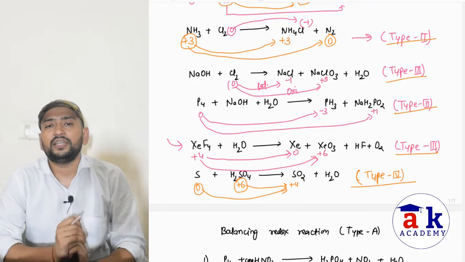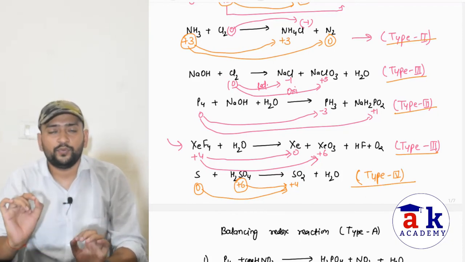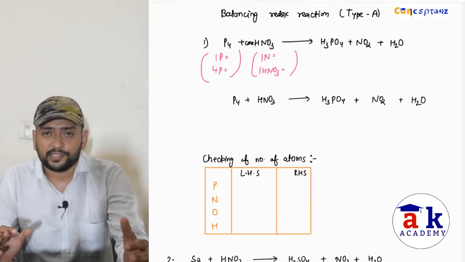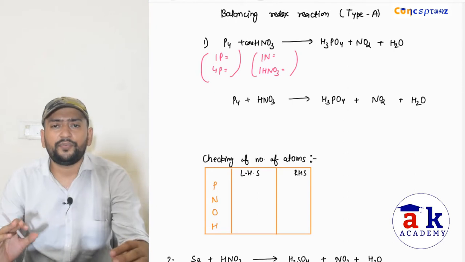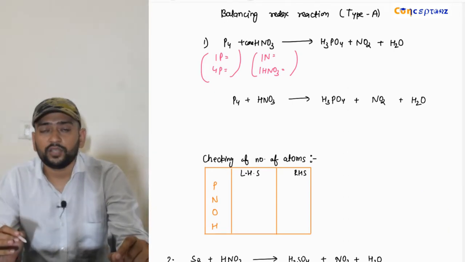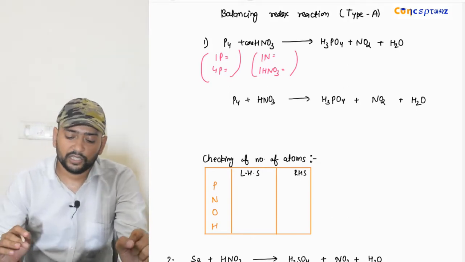First of all, let's try to understand how to balance the type 1 reaction, which is a very simple reaction. Let me explain. First of all, you are going to write down the oxidation state of each and every atom. So let me write it.